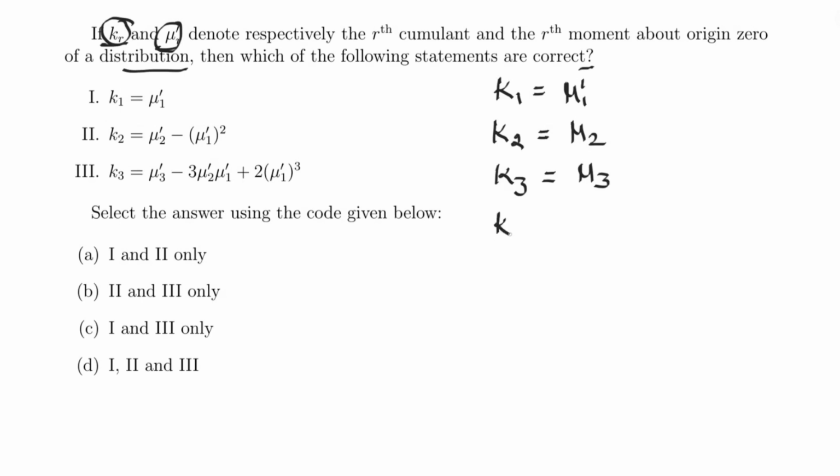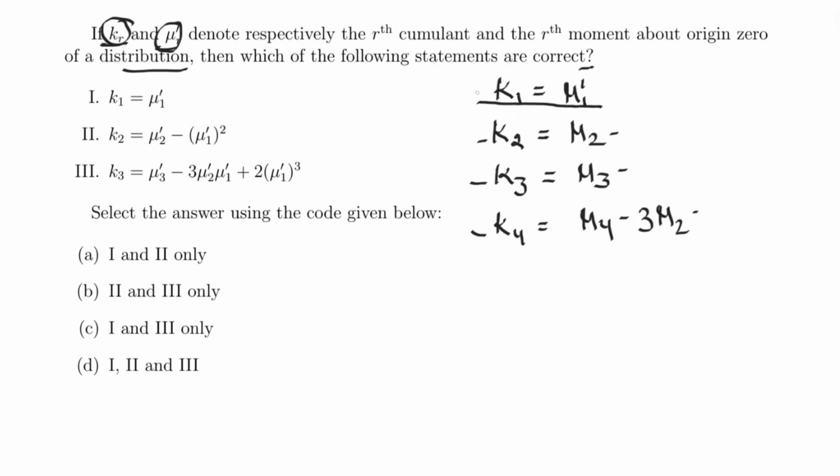And the fourth cumulant is equal to the fourth central moment minus 3 times the square of the second central moment. So notice one thing here, only K1 is equal to the first raw moment, and K2, K3, K4 are all in terms of central moments.